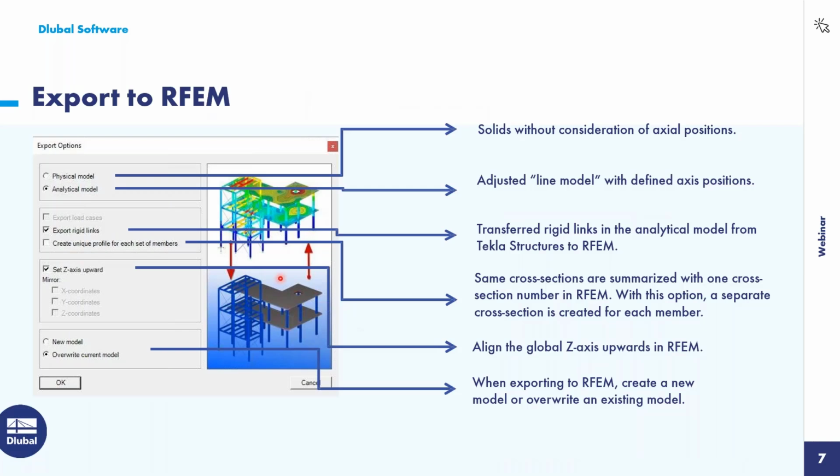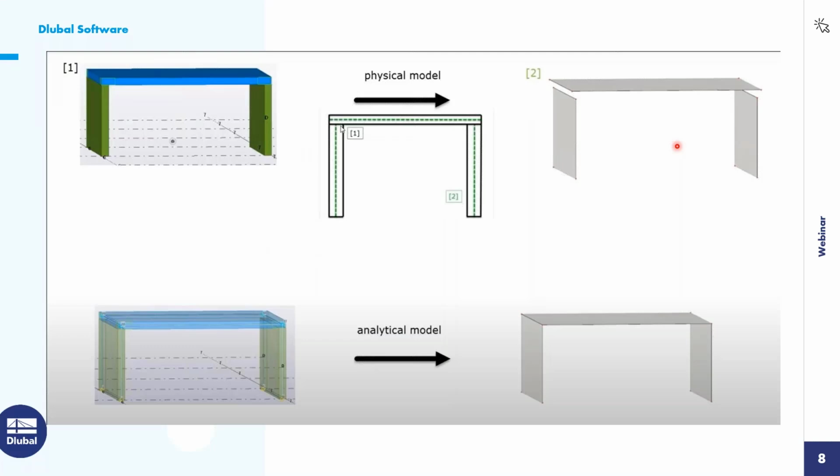Here are the export options. If you are exporting from Tekla to RFEM, these are the export options you will get. The first option you can see here is the physical model option. This is basically like a CAD model, so it's the solids without any consideration of the axial positions. You can see here this would be a physical model.